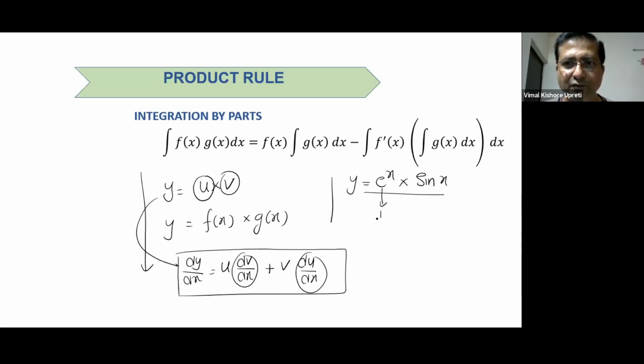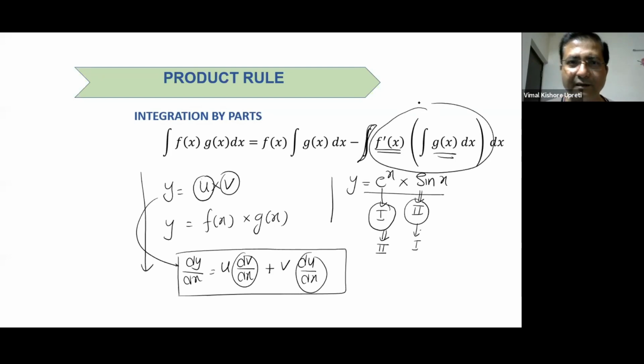I'll call one the first function, another the second function. In differentiation, it does not make any difference which you consider first or second. But in integration, it makes a big difference, because again you need to integrate the function. So you have to select first and second wisely so that this term can be integrated.